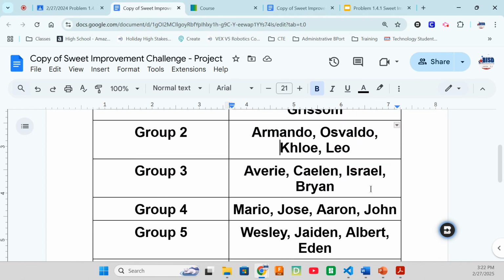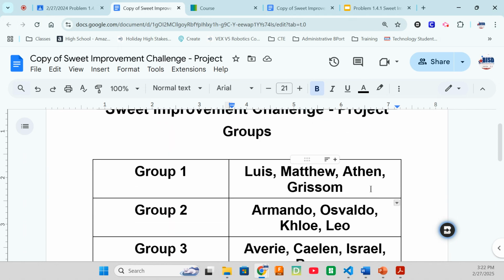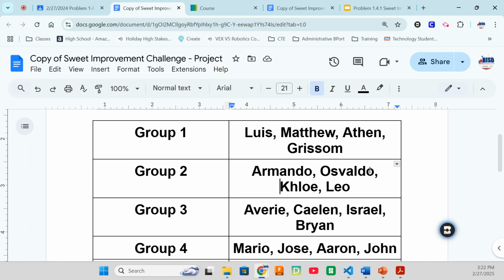So at this time, you could go ahead and move to the correct location, starting with table number 1, which is right in front of the big garage door. Group 2, you're going to be right behind group number 1. And group 3, you're going to be at the table closest to the door.